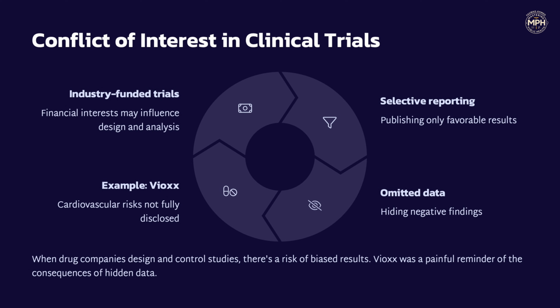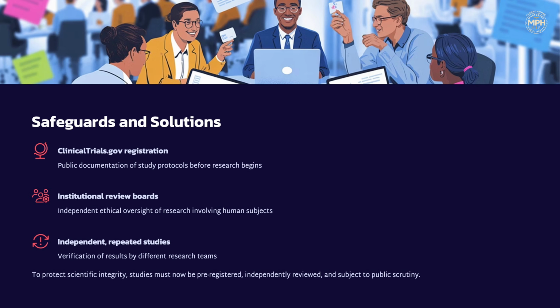This wasn't an isolated case. Research funded by drug companies is more likely to produce favorable results than studies funded by independent sources. This is a conflict of interest. To prevent this, clinical trials must now be registered on clinicaltrials.gov before they begin. That way, negative findings can't just be buried.